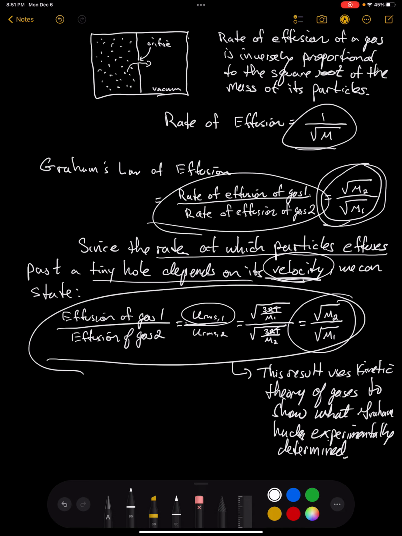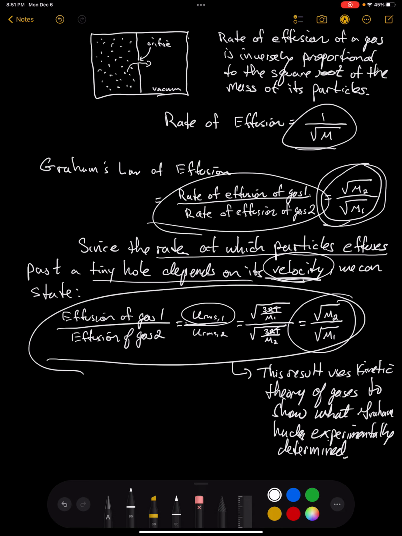Okay? So, pretty cool stuff, and just shows how science works in tandem to arrive at its results experimentally, but also theoretically.